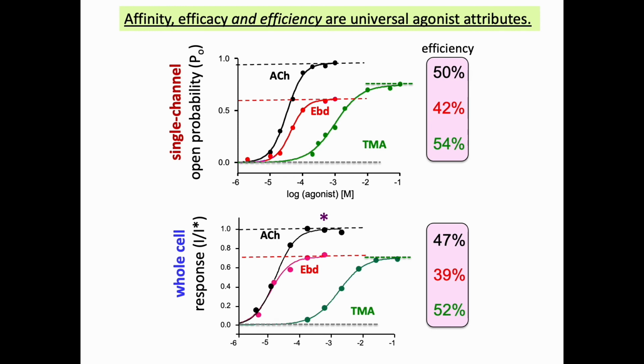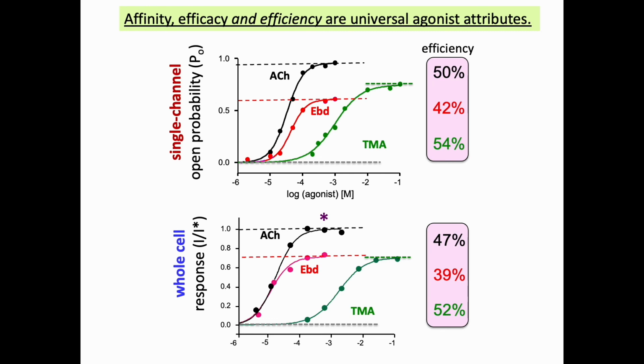You can see they're not exactly the same, probably because of desensitization. This had an exchange time of about 400 milliseconds, and I don't think we were able to completely eliminate desensitization in these. Everything was normalized to this asterisk point, the response at 300 micromolar. So every cell, every run with every concentration, was normalized to the value that we had at 300 micromolar ACh in order to get these curves.